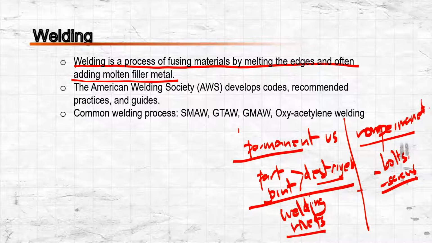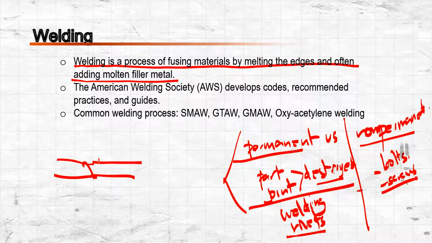So here in the welding process, it's a joining method whereby, let's say we have this part and then another part right here, and we are going to join these parts. In order to join them, we have to melt this part and this part so that they can fuse together.